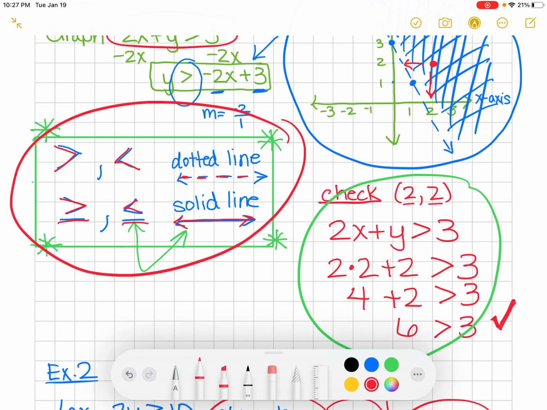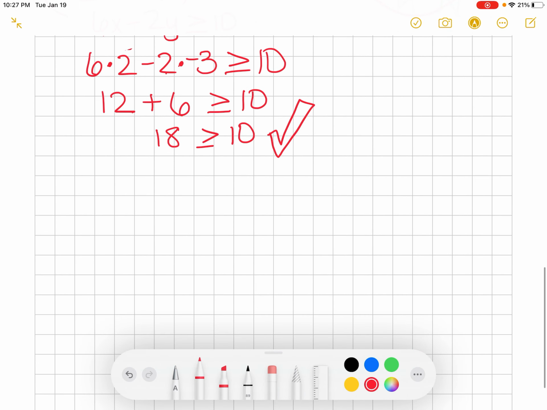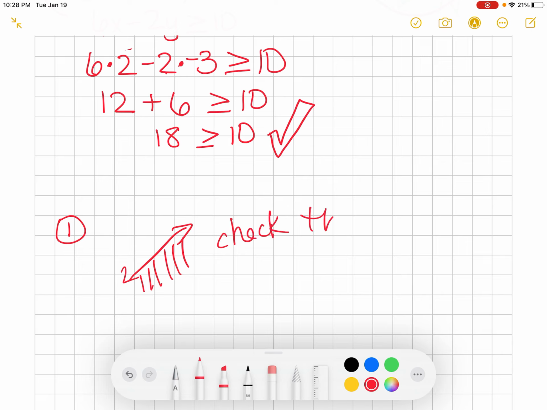Okay, and you're going to be having a worksheet over this on Thursday, so make sure that you get it when you're working. If you're doing number 1, after you graph it and you shade it, then check the answer in the back of the book. Do not go on to number 3. Check that answer.